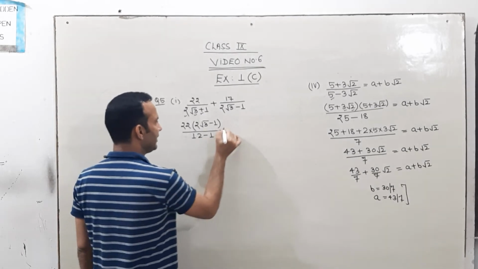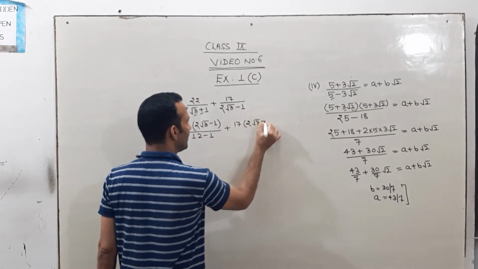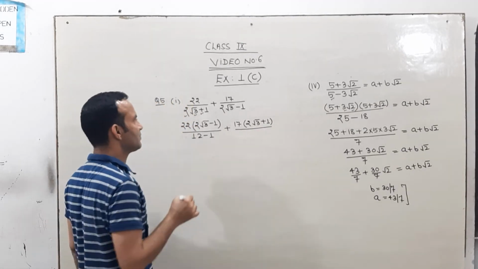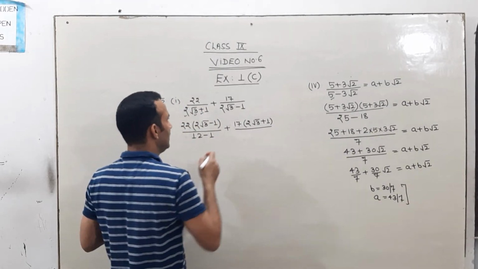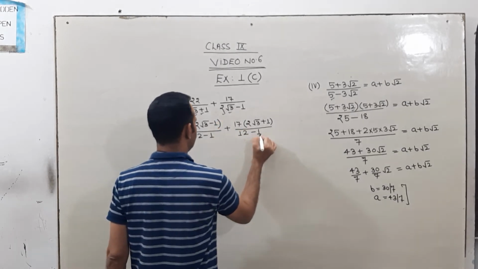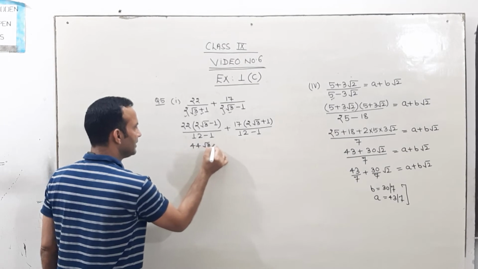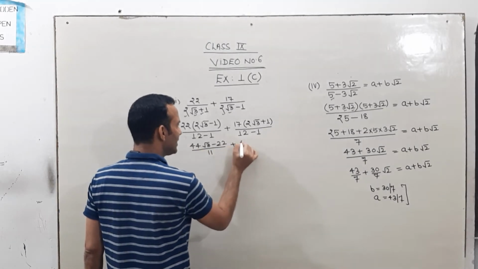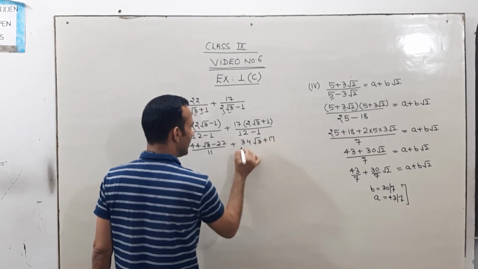Here 17 is multiplied with 2 times root 3 plus 1, and in the denominator we again apply a square minus b square. 4 3s are 12 minus 1. 22 2s are 44 times root 3, minus 22, and 12 minus 1 is 11. 17 2s are 34 times root 3 plus 17, upon 11.